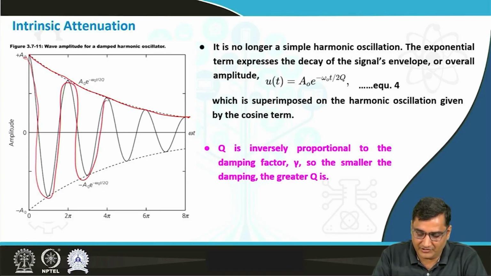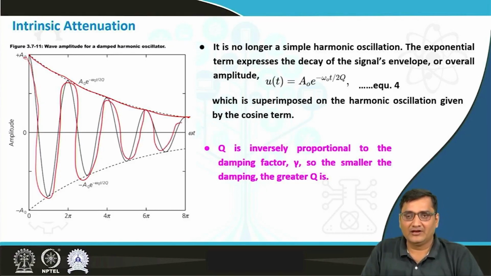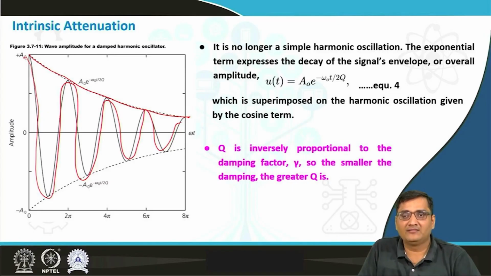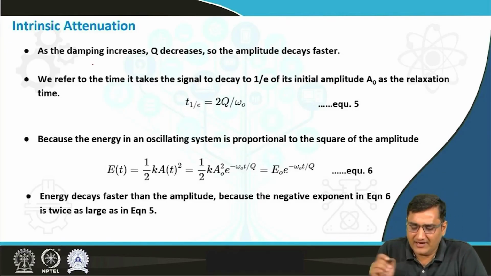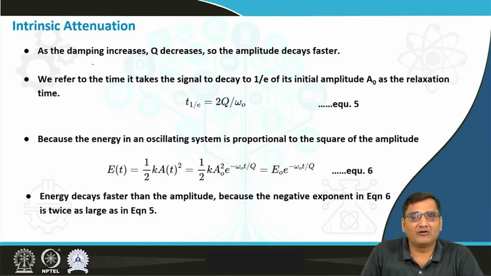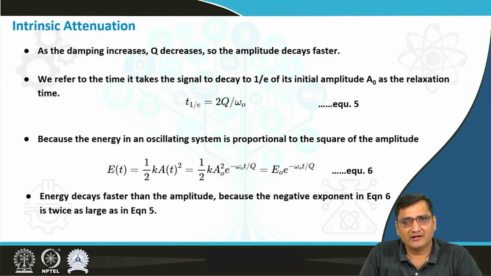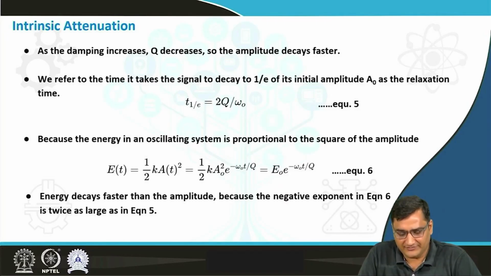Amplitude keeps on decaying with time, and the q value, that is the quality factor, is inversely proportional to the damping factor, that is gamma. So the smaller the damping, the greater the q is. As the damping increases, the quality factor decreases. That means the decay in the amplitude will be faster.